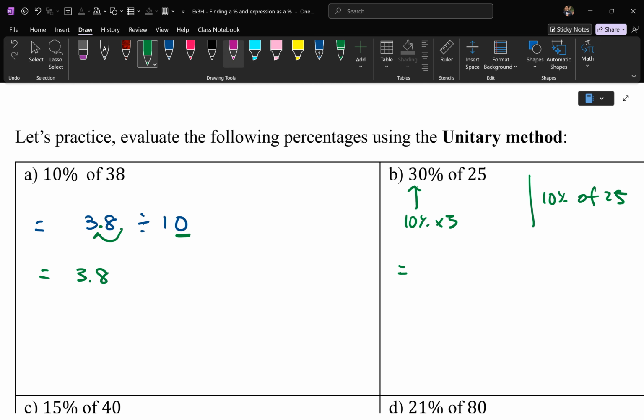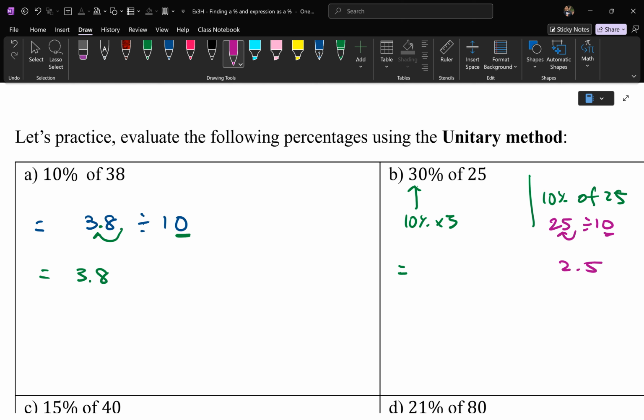10% of 25, let's go with Eknor. 2.5, because 10% means divide by 10. So you got 25, divide by 10, move the decimal point back 1. It's 2.5. But if you want 30%, you need 3 of them.